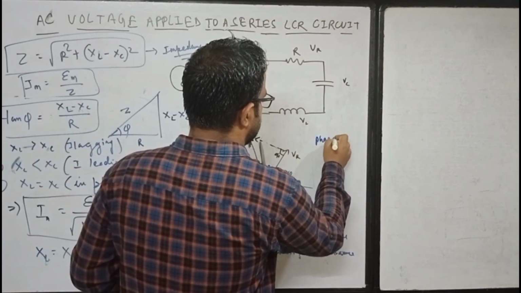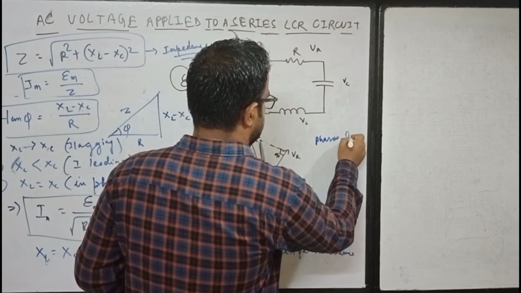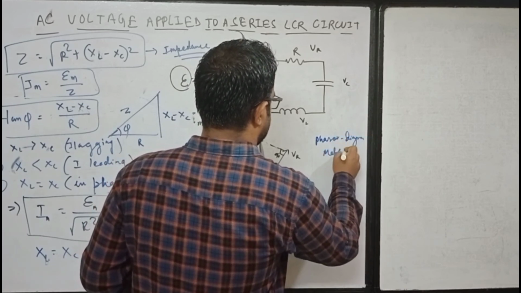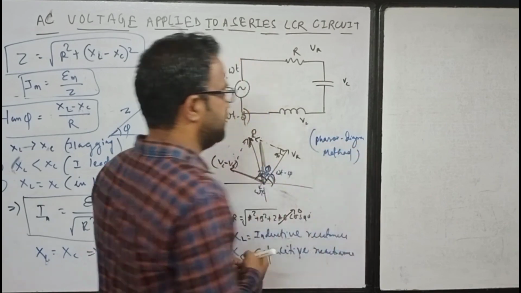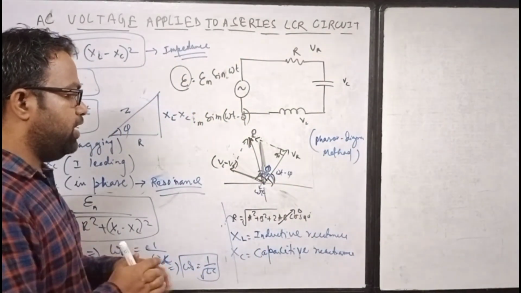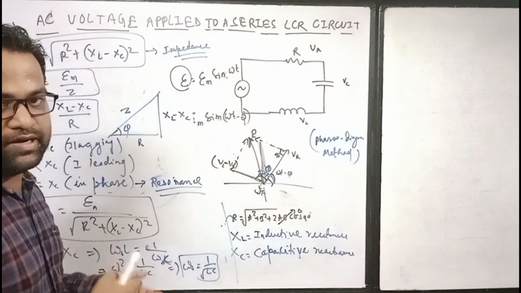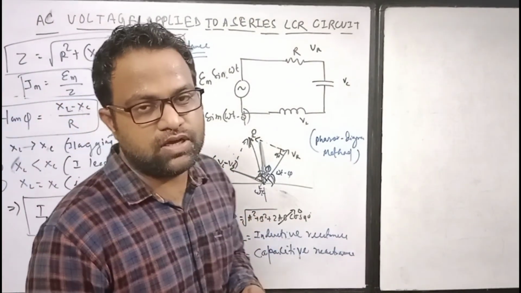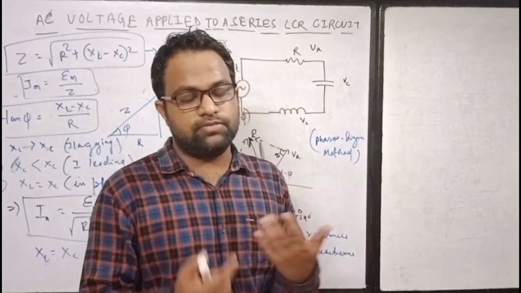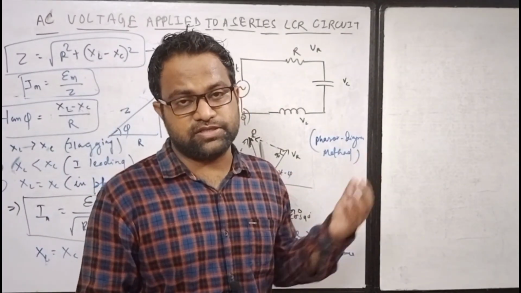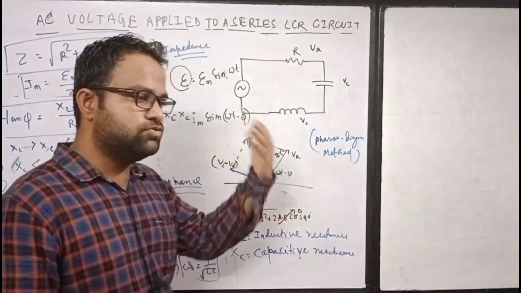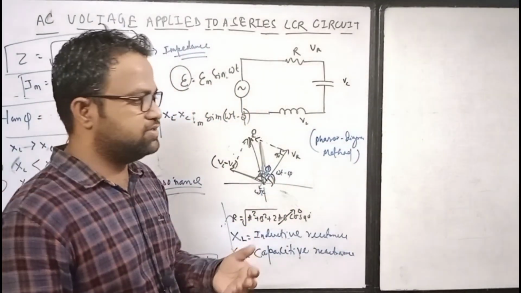An analytical method is also there: I can write a differential equation, solve it assuming a solution, and I'll get the same thing. I can do that in some other class.